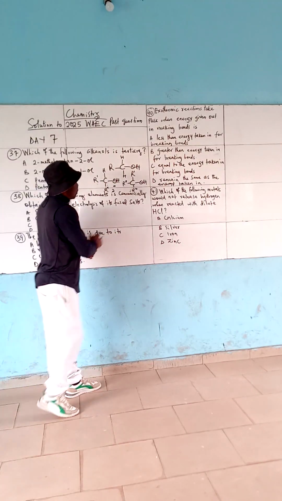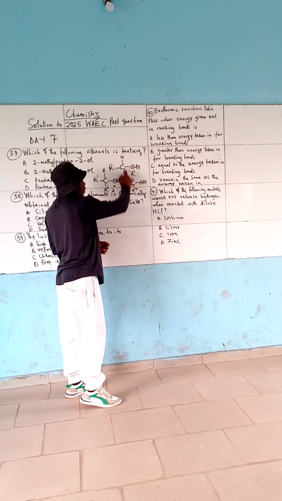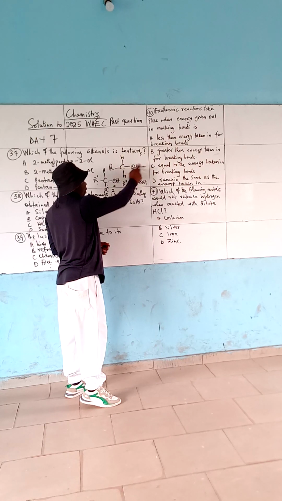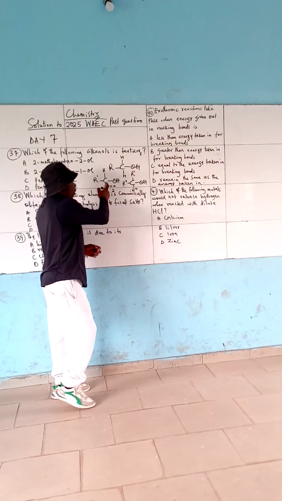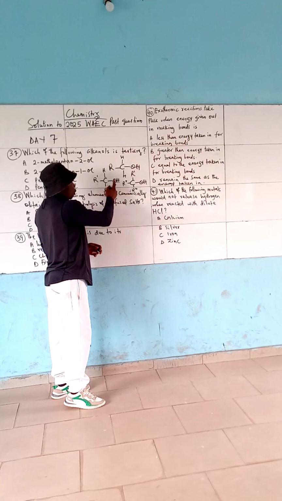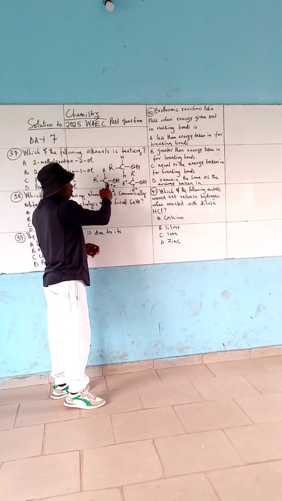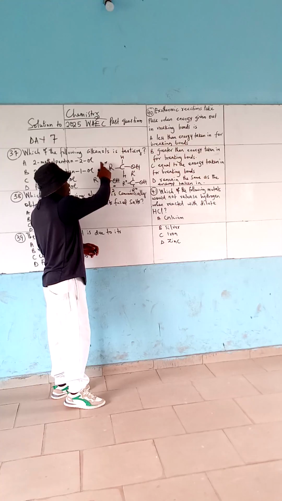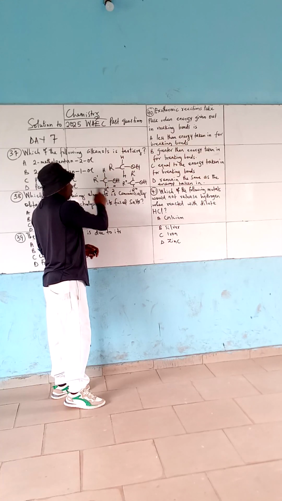So a primary alkanol has a functional carbon atom bearing the functional group with 2 hydrogen and 1 alkyl group. In secondary alkanol, the carbon atom bearing the functional group, which we call chiral carbon, has 1 hydrogen and 2 alkyl groups.